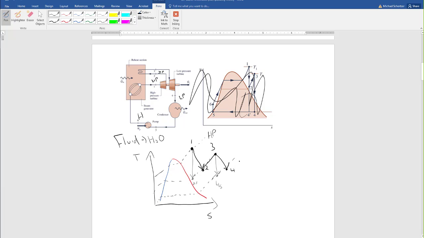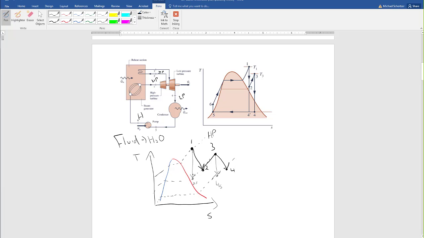You can see here versus the actual example that the textbook drew, mine is in a different spot. I don't know if state 2s or state 2 is under the vapor dome, or if state 4s or 4 is under the vapor dome or here in the superheated region. So when I ask you to draw these things on an exam, it's okay if these things don't land in the exact same spot.